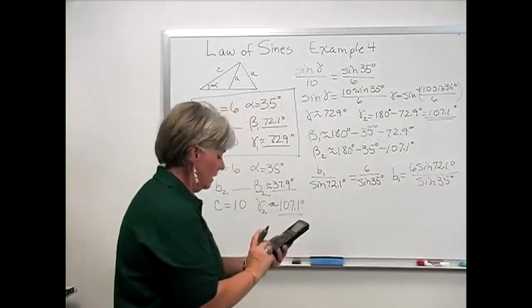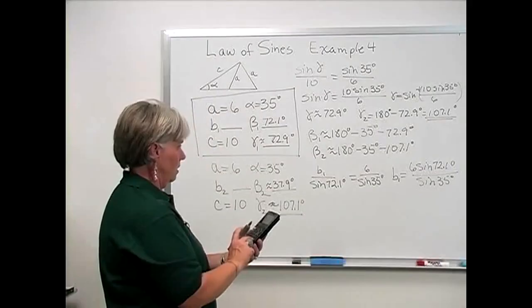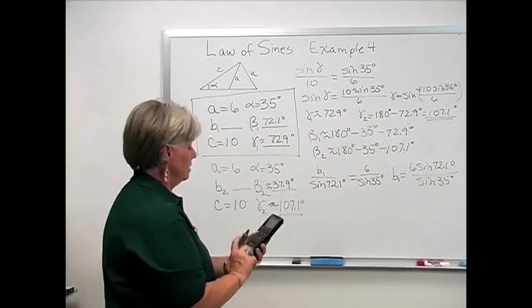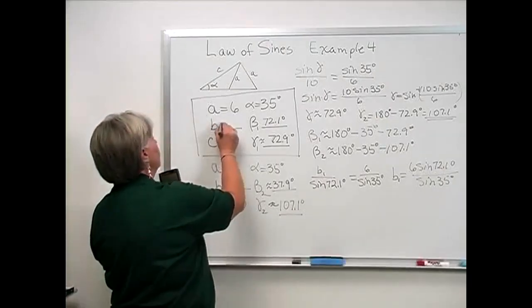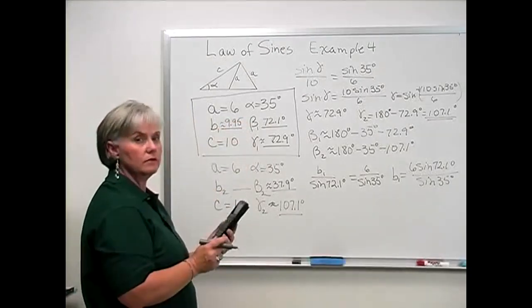All right, so let's see what that is. 6 times the sine of 72.1 divided by the sine of 35. And that's 9.95. And that's what I expected. I wanted it to be close.